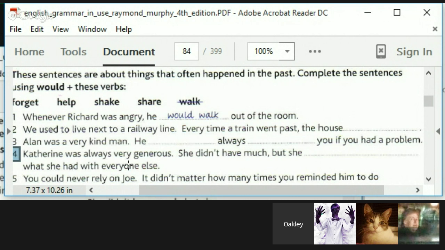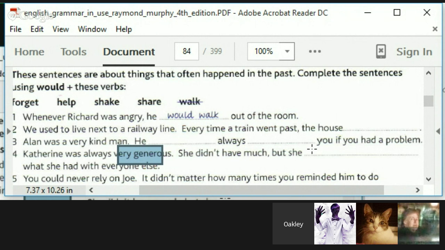David, number 4. Catherine was always very generous. She didn't have much, but she would share what she had with everyone else. Okay, talking about people's behavior and their personality, very kind, very generous. I think it's more common, just colloquially, to say would always.